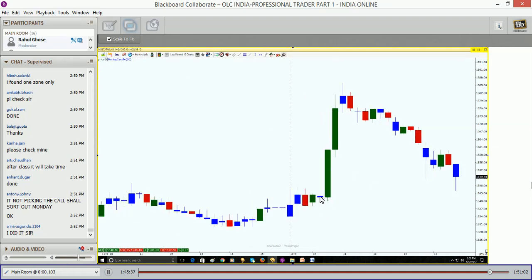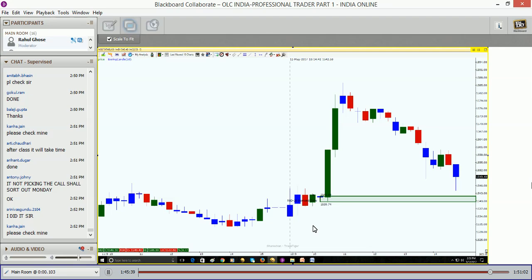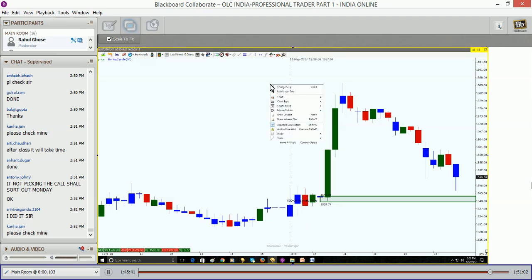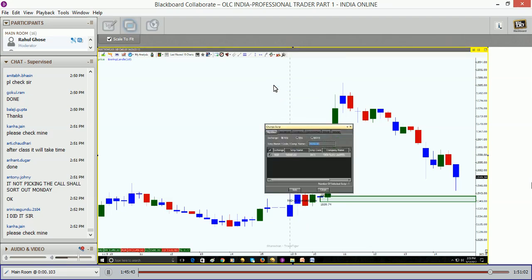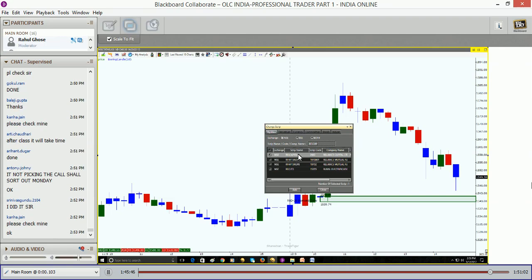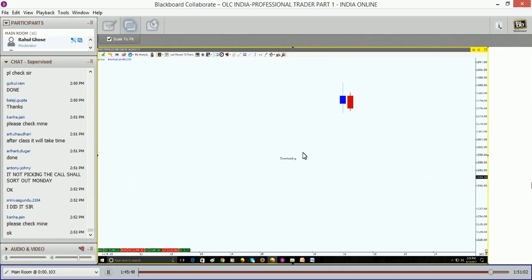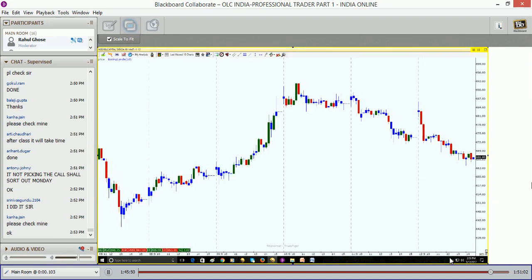Tata Elxsi, this was the level I was talking about. I've already checked yours, Monica. In Reliance Capital, the one that we marked right before this, I believe it was on the 60-minute time frame, if I'm correct.